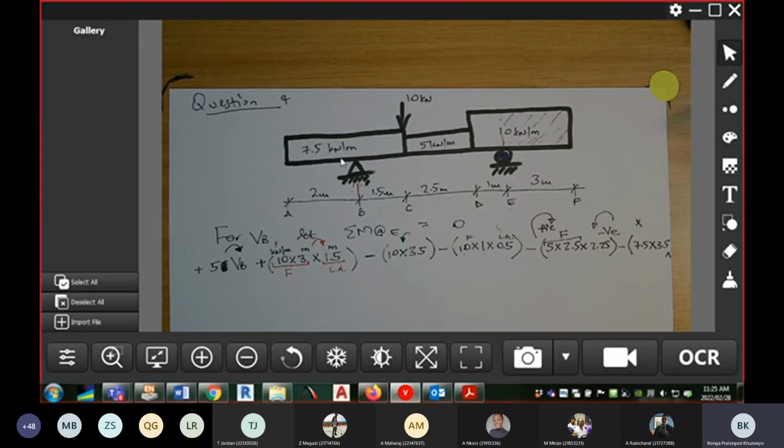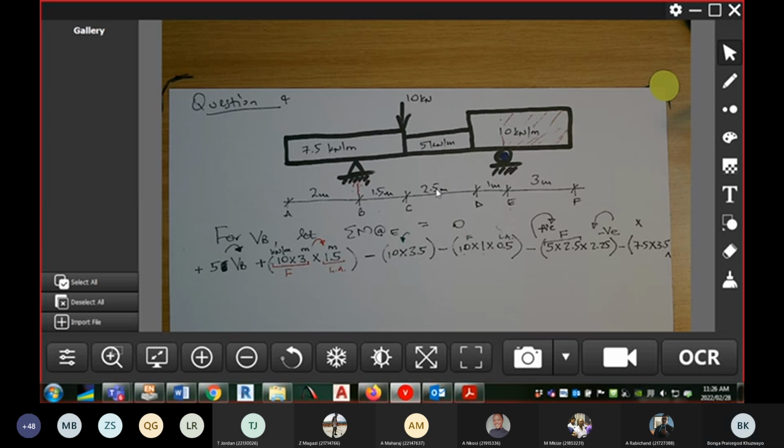Let's be a little bit careful here. That load is acting on the left of node B. So what you can do, if you like, you just say 3,5 divided by 2 plus 2,5 plus 1. And what do you get for that? Okay, that's 7,5 times 3,5 is acting somewhere here to the left of node B. So 3,5 divided by 2, right?